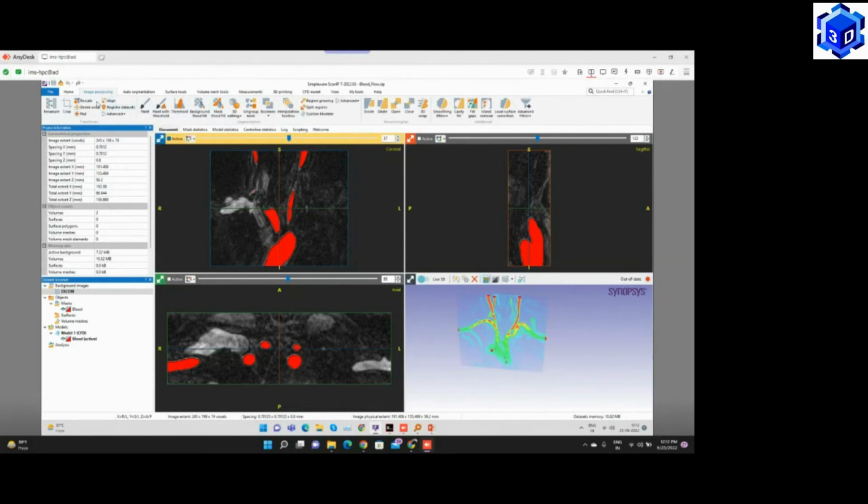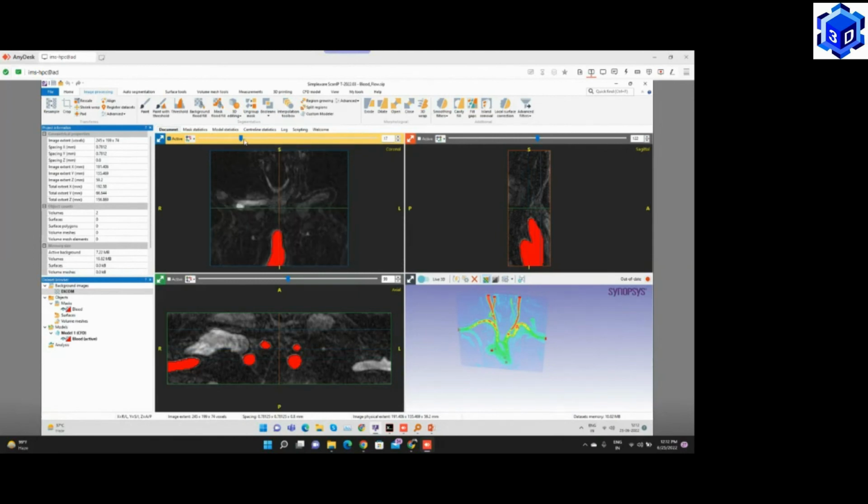That is why the image processing and segmentation section is the first tool. The crop tool or resampling tool is the first tool you use after importing the images. These are the different views: coronal view, sagittal view, axial view, and this is the 3D view.